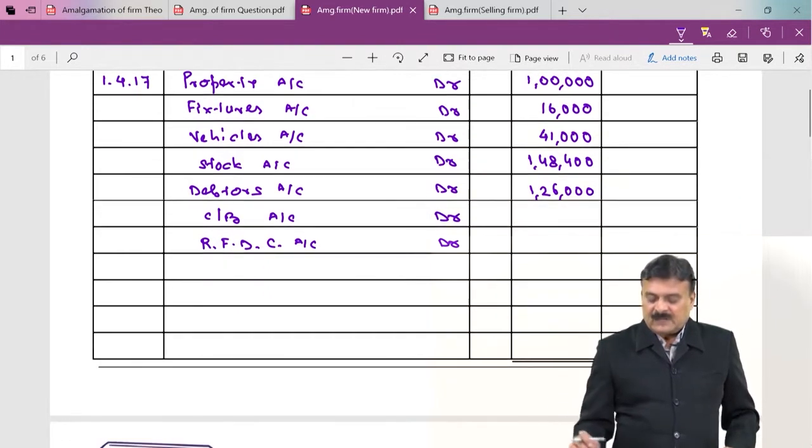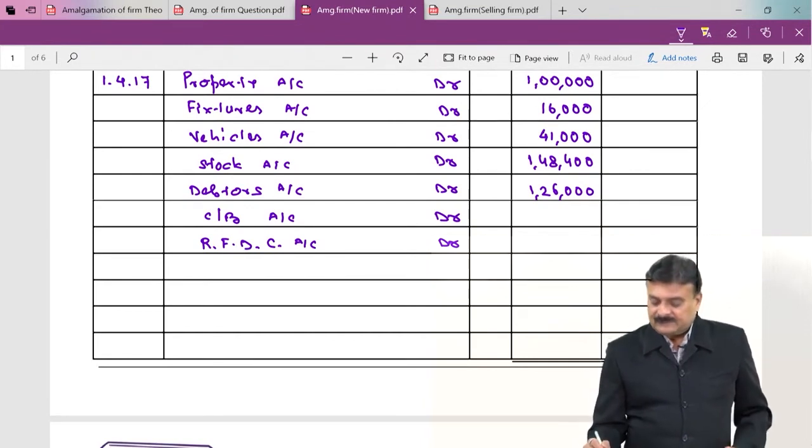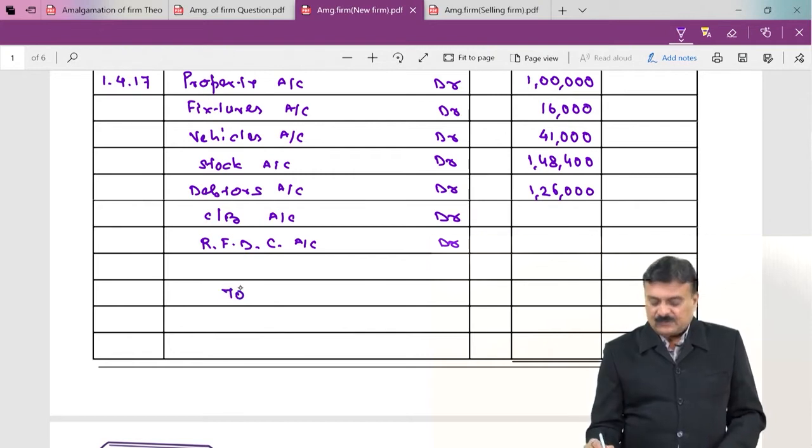After all this, assets, liability side. Which was the first liability? Only one. Creditors account.